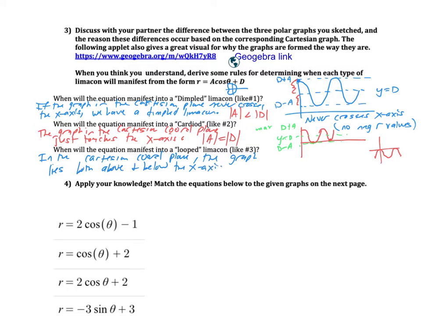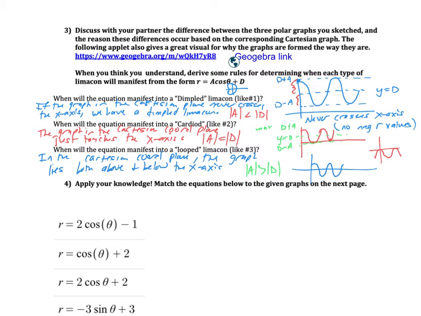So I'm going to make a little sketch of what that looks like. Here we'll have something that's actually crossing it. So we could have something like that, right? And when is that going to happen? When we have something that crosses, that's going to happen when the absolute value of a is greater than the absolute value of d, right?